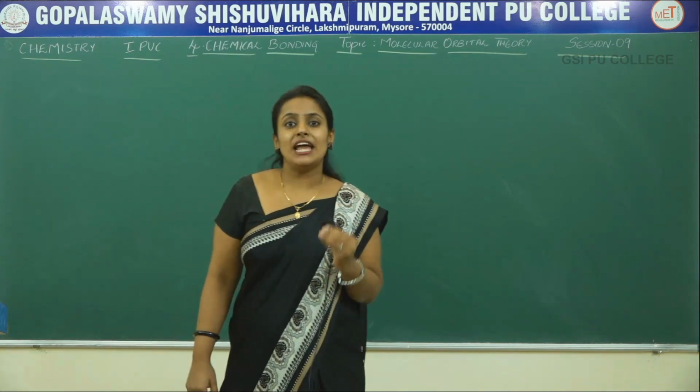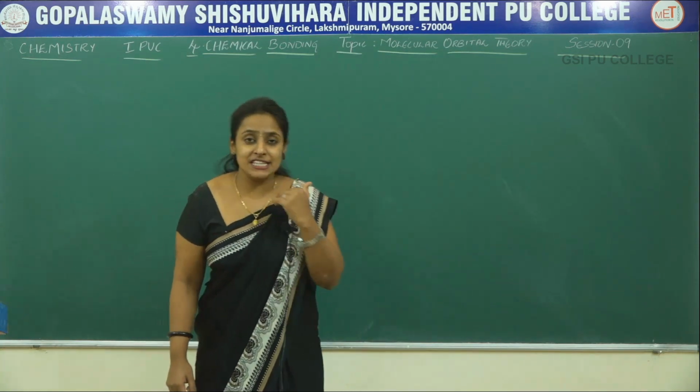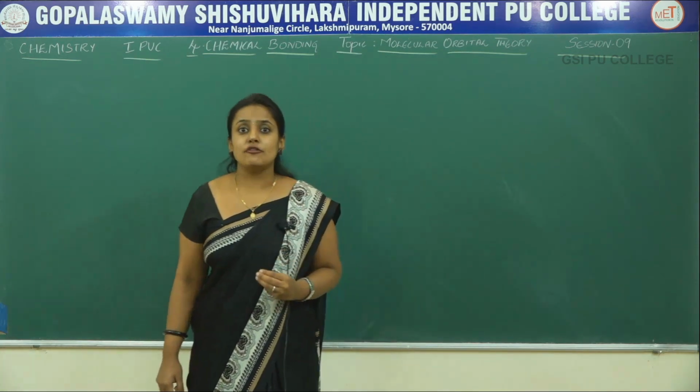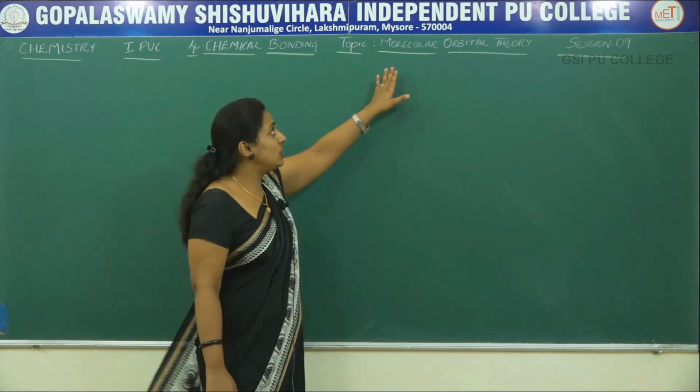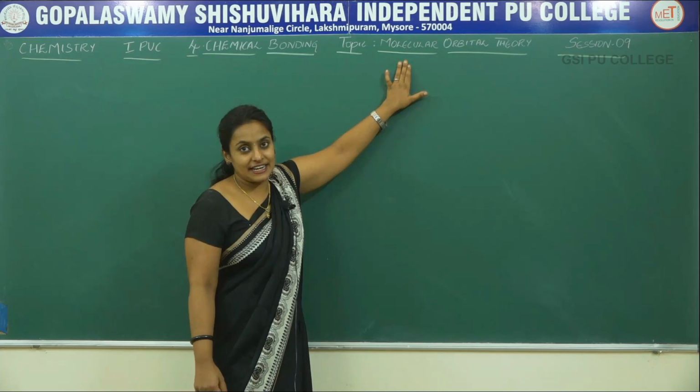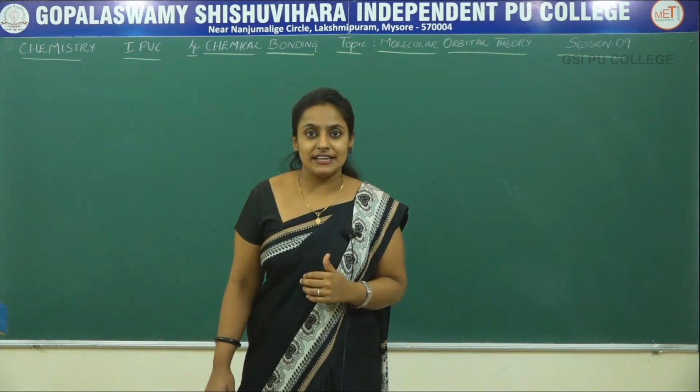Why has this molecular orbital theory been put forth? We already have valence bond theory. Because of the drawbacks of valence bond theory, this new theory called molecular orbital theory has been put forth. What are the drawbacks of valence bond theory then?